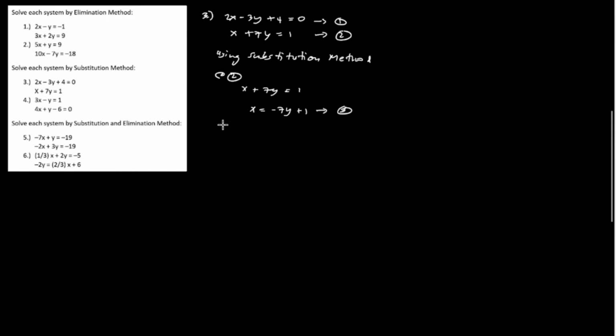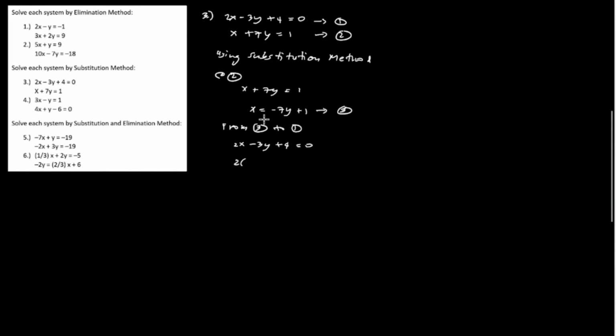From 3, substitute to equation 1. So you substitute the value of x to equation 1. So copy first equation 1, 2x minus 3y plus 4 is equal to 0.